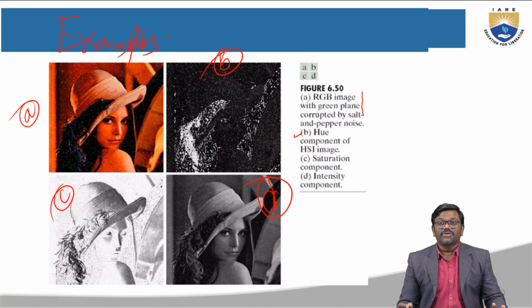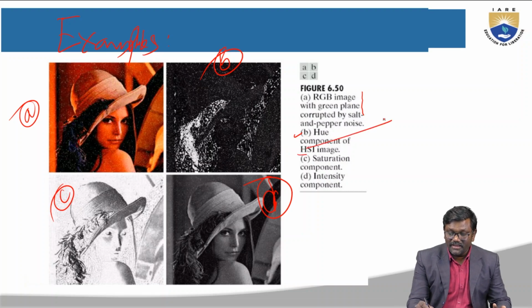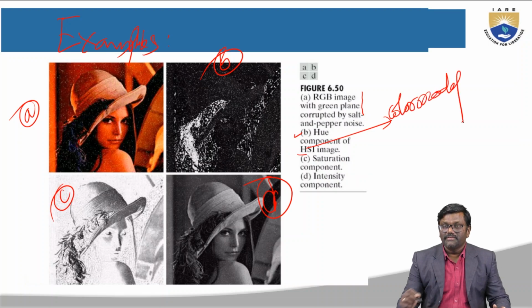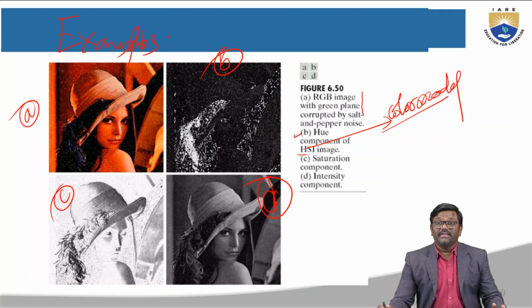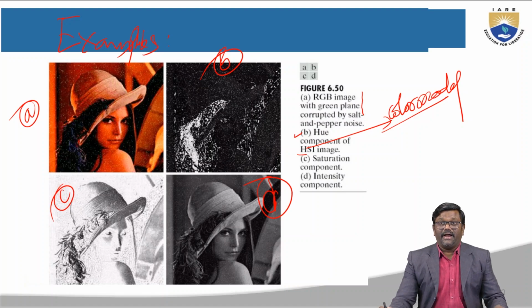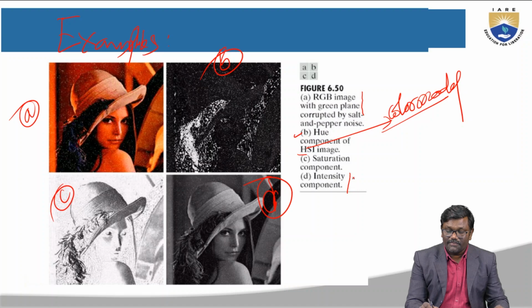B is the hue component of the HSI image; HSI is one of the color models. C is the saturation component, and D is your intensity component.